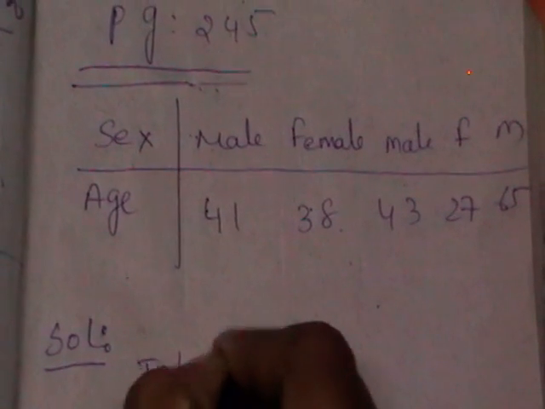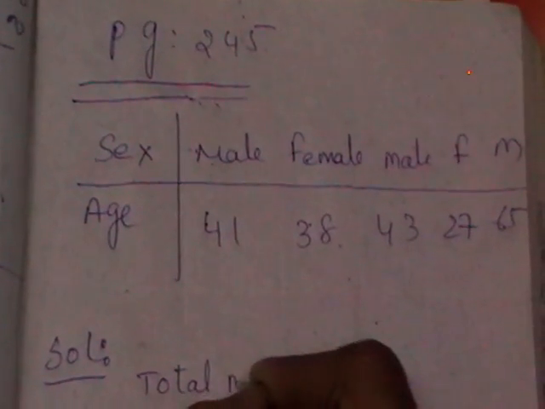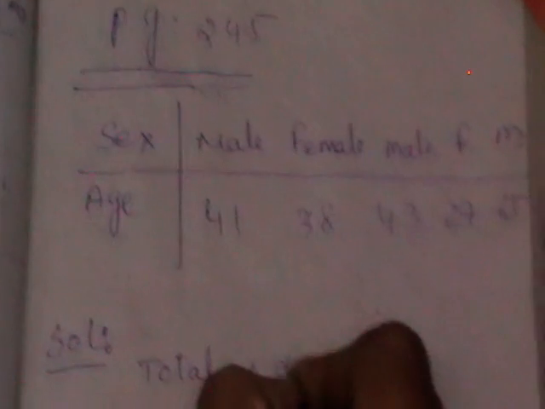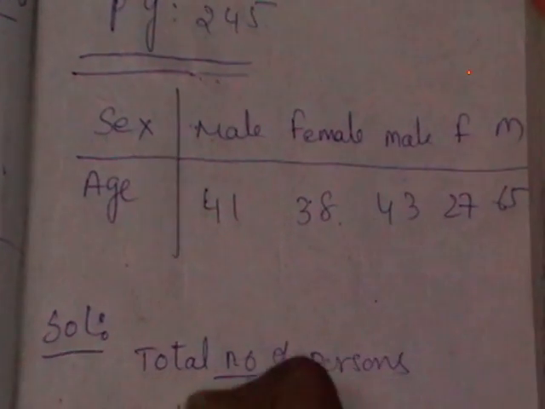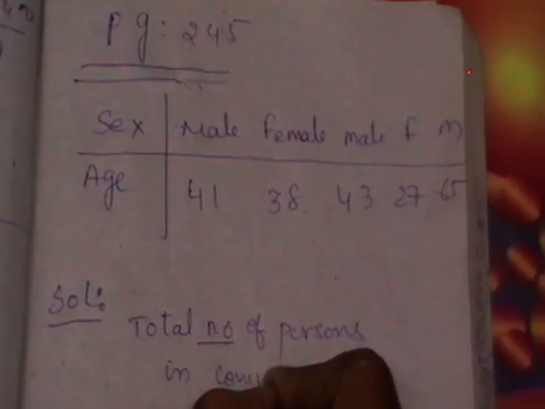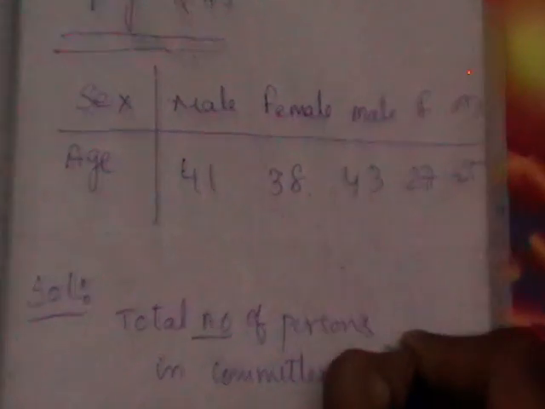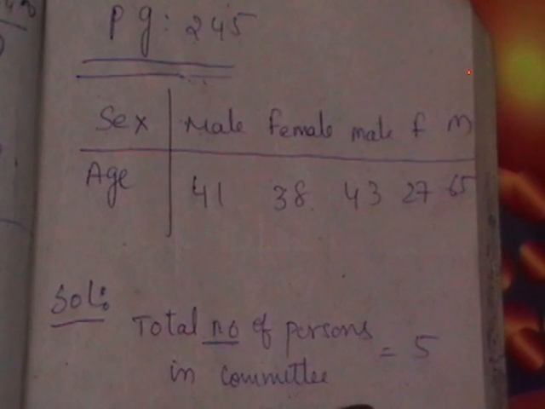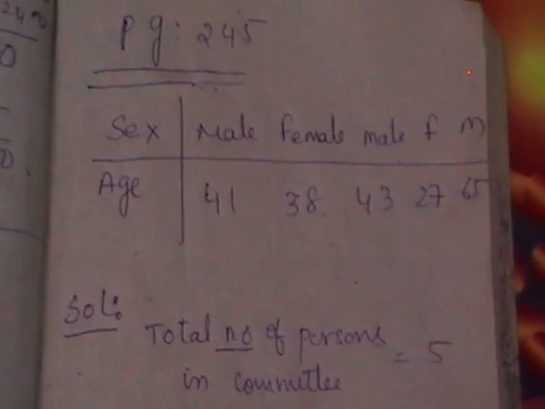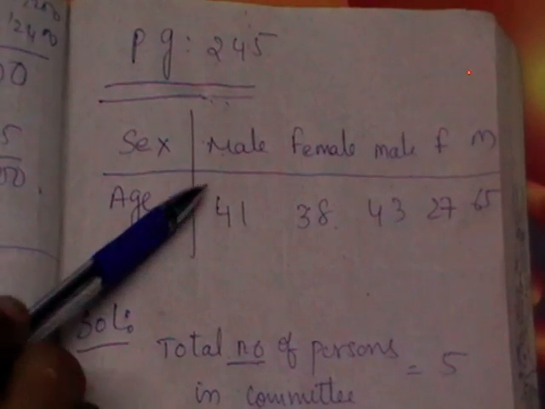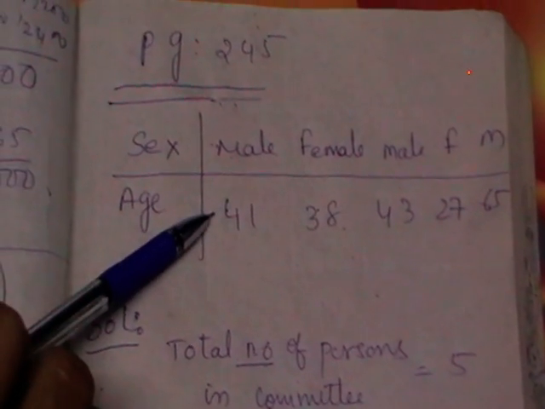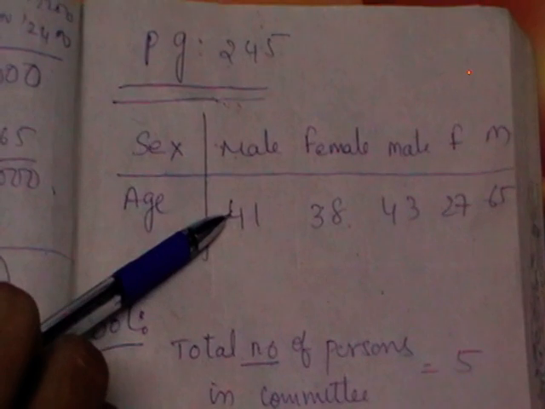So the total number of persons in the committee is 5, and we can take the total number of outcomes as 5. The age and their composition is given.